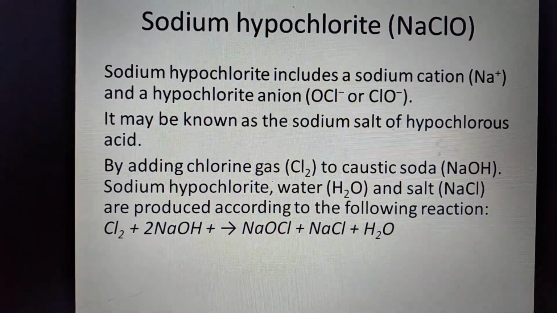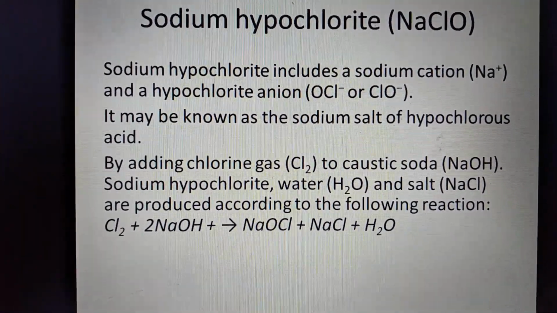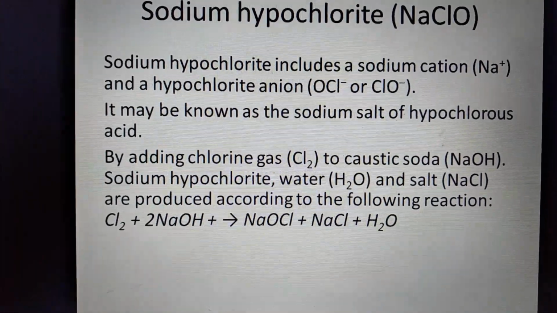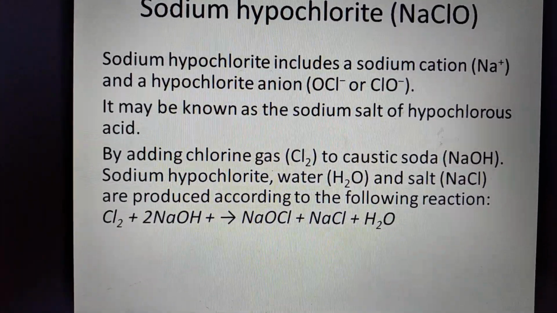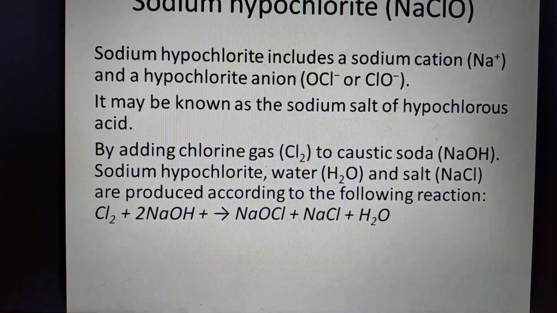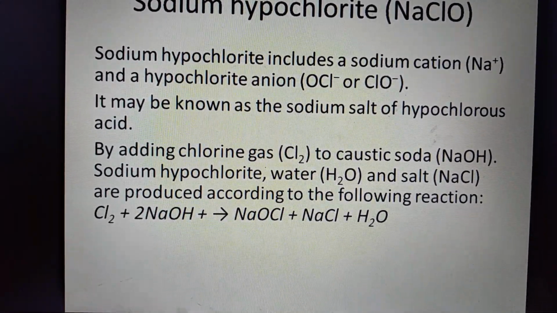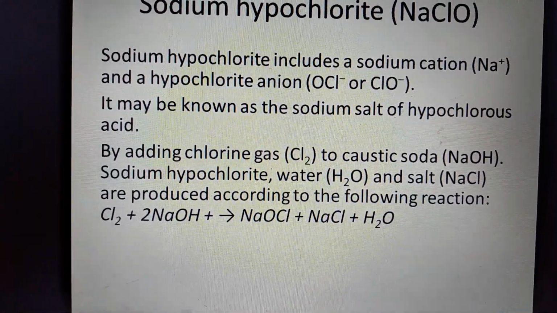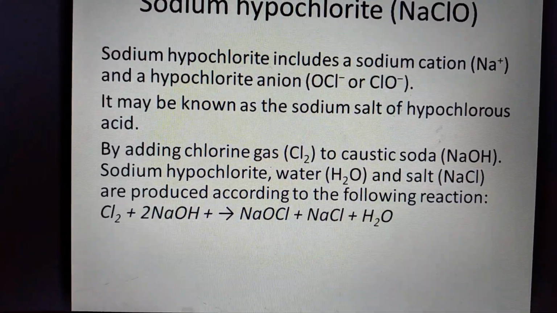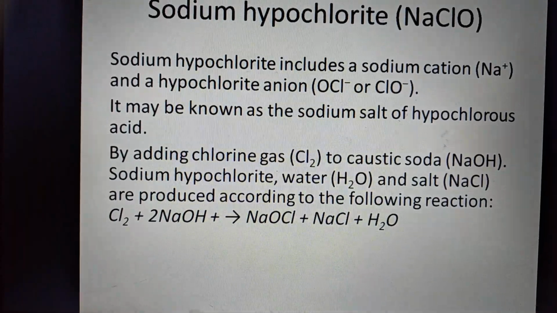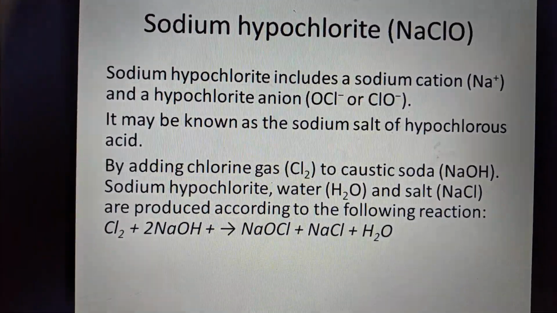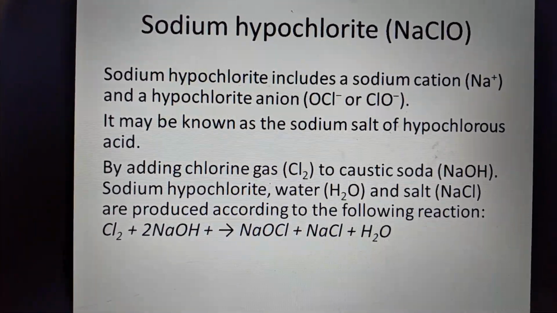It may be known as the sodium salt of hypochlorous acid. By adding chlorine gas to caustic soda, sodium hydroxide, sodium hypochlorite, water and salt are obtained. According to the equation, chlorine plus sodium hydroxide gives sodium hypochlorite plus sodium chloride plus water.